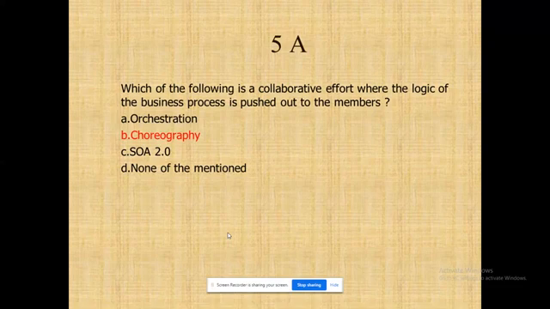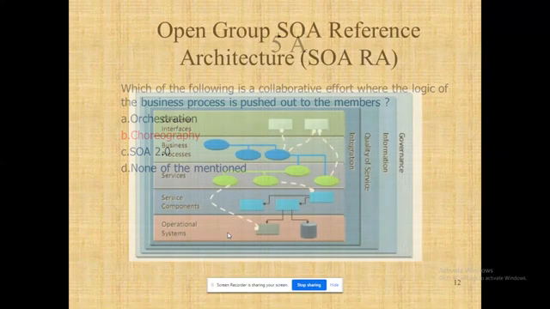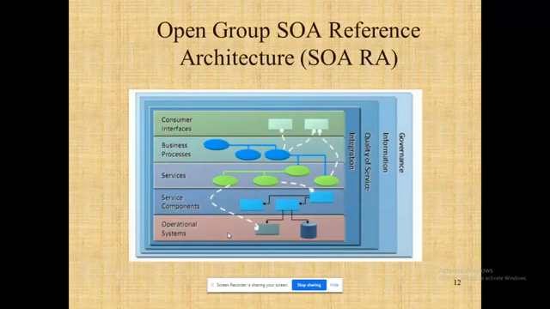Okay, so that's the thing. Let's get into the discussion of layers of SOA. Like the reference architecture that you have studied for your networks, starting from the application layer to the physical layer, the same way here also we have a reference architecture. This is the reference architecture adopted by major MNCs.